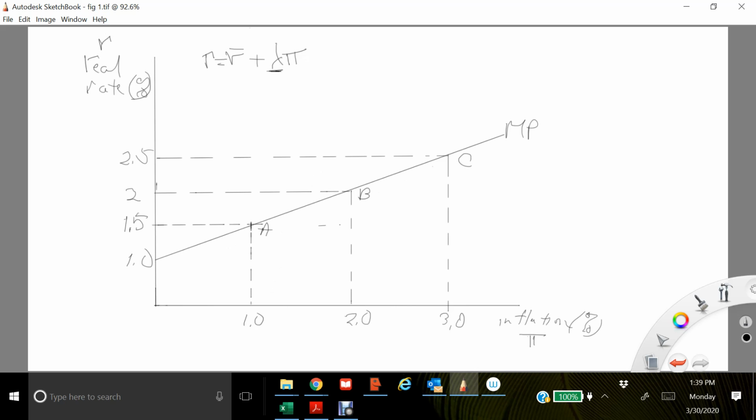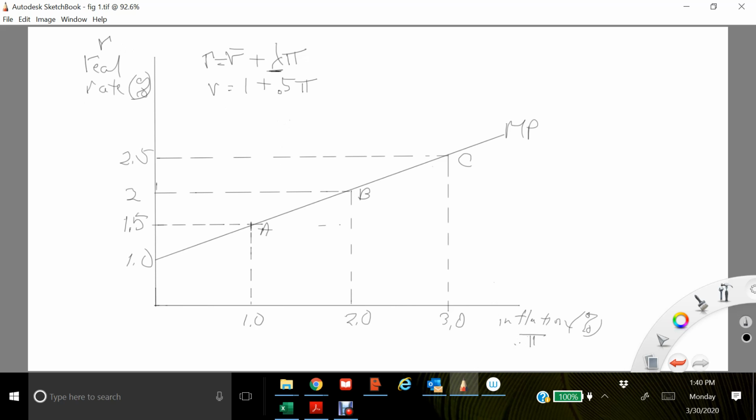So for example, if we take R bar equals 1 and delta equals 0.5, we can graph that specifically in the inflation real rate space here.